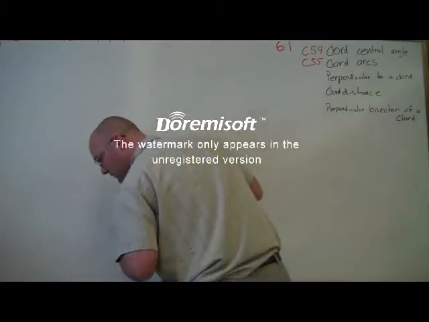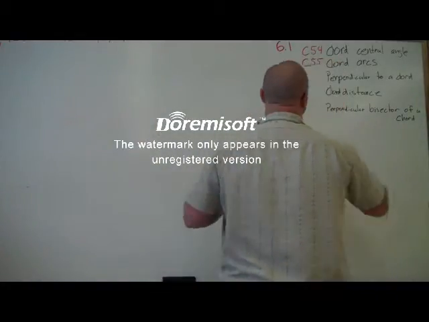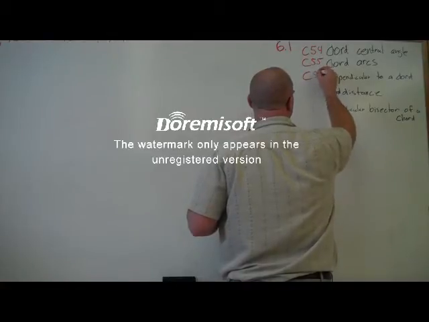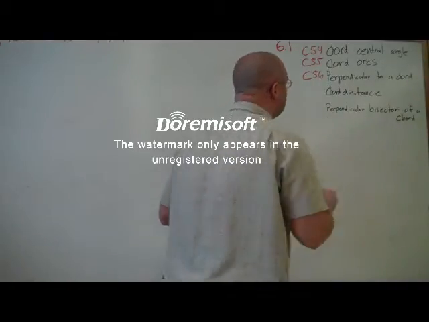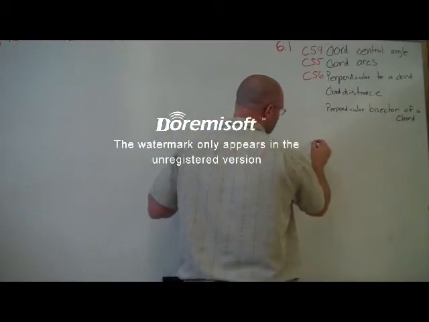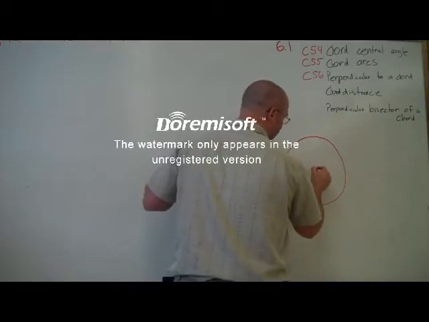Okay, now C56. Perpendicular to a chord. Alright, here we have another circle. There's the center of it.